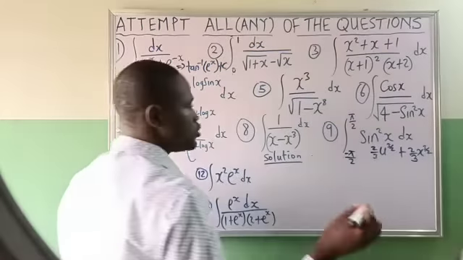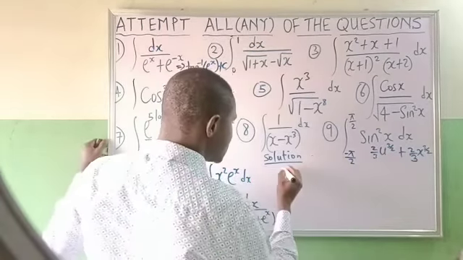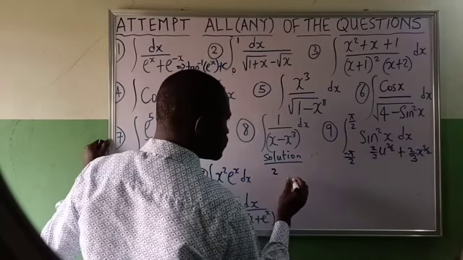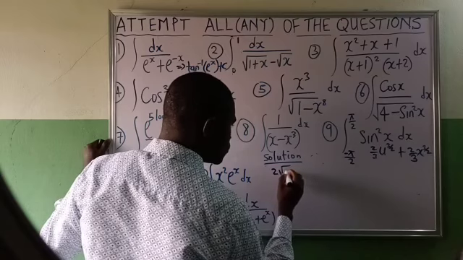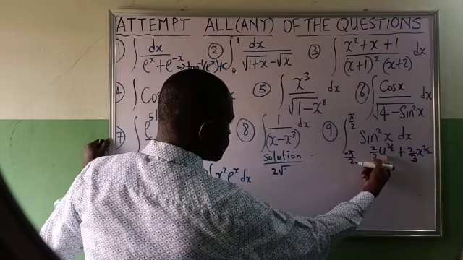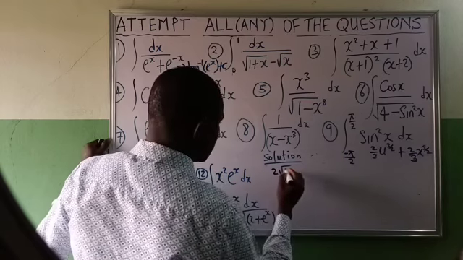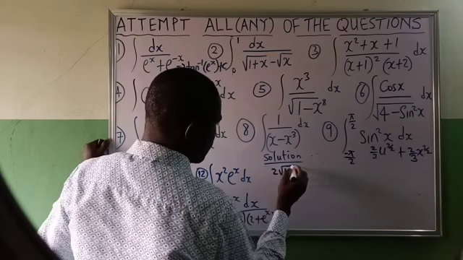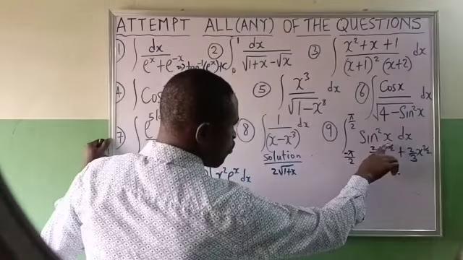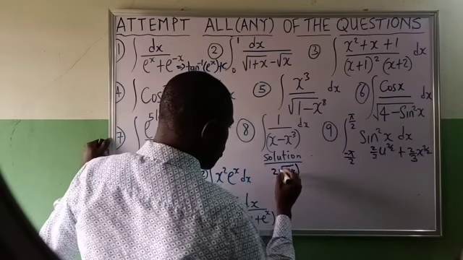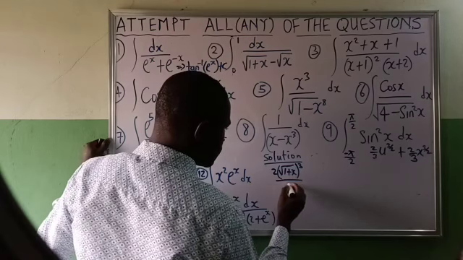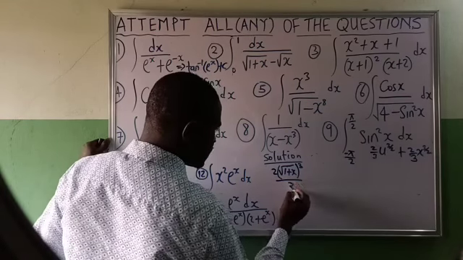Now to solve it, I will write down what I got. This means 2 root u. What is my u? My u is 1 plus x. 2 root 1 plus x, because of over 2, then all over 3, raised to power of 3 all over 3, please.